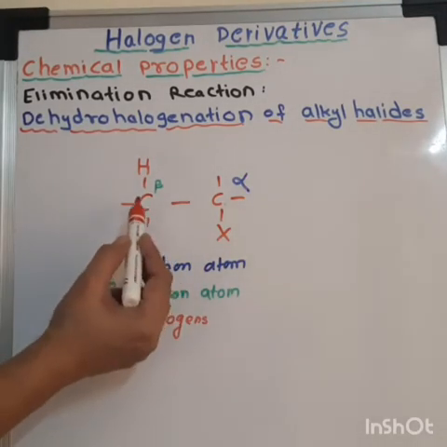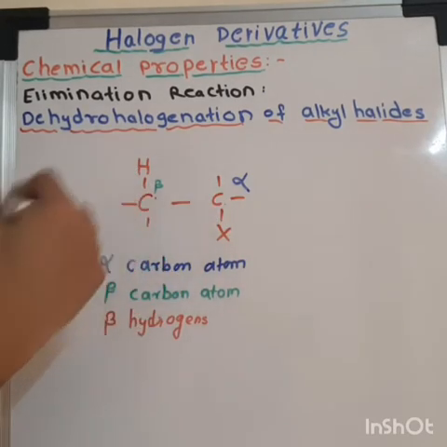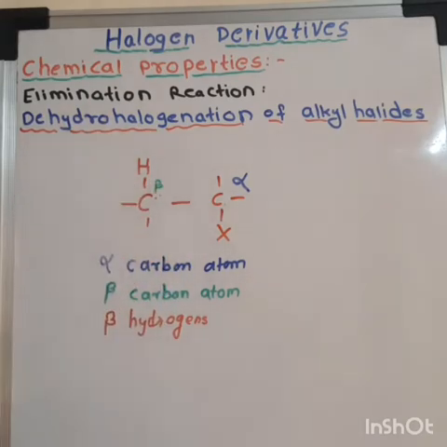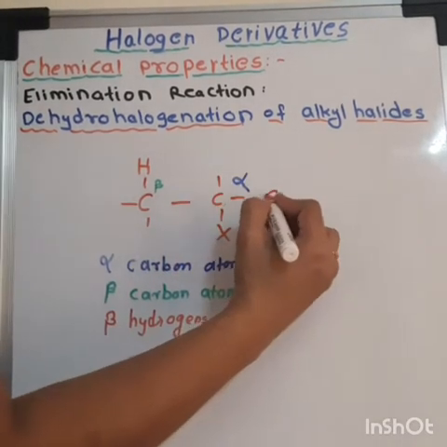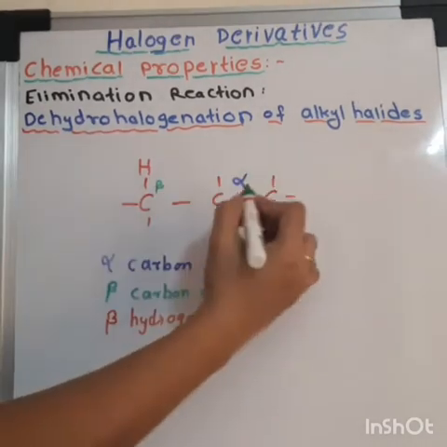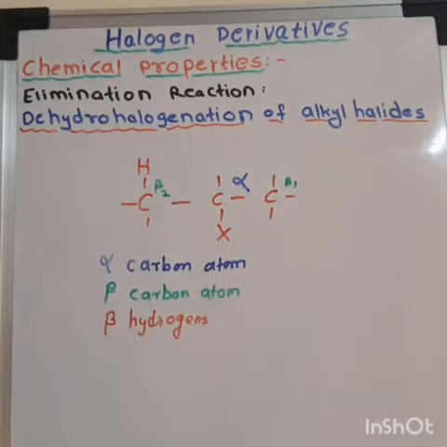The carbon atom attached to the alpha carbon atom is known as the beta carbon atom, and the hydrogens attached to the beta carbon atom are known as beta hydrogen atoms. If there are two beta carbon atoms, they can be labeled as beta 1 and beta 2 carbon atoms.